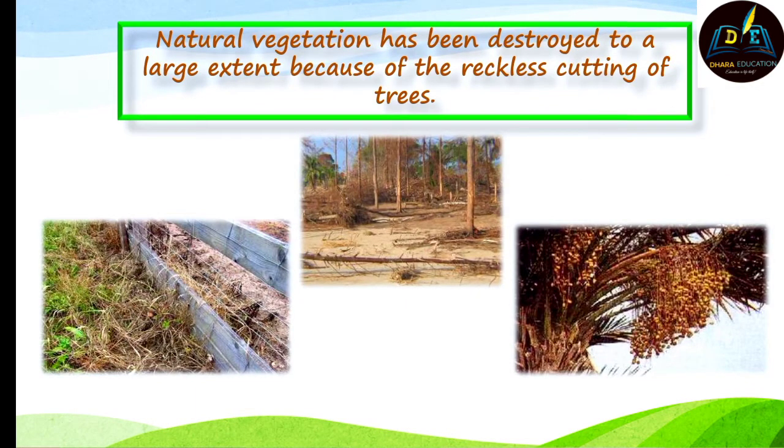Natural vegetation has been destroyed to a large extent because of the reckless cutting of trees. What happened is this: our natural vegetation is getting destroyed. So students, as you can see on the screen, there are three different images, and these three images resemble some different things, which are actually the consequences of destroying natural vegetation.